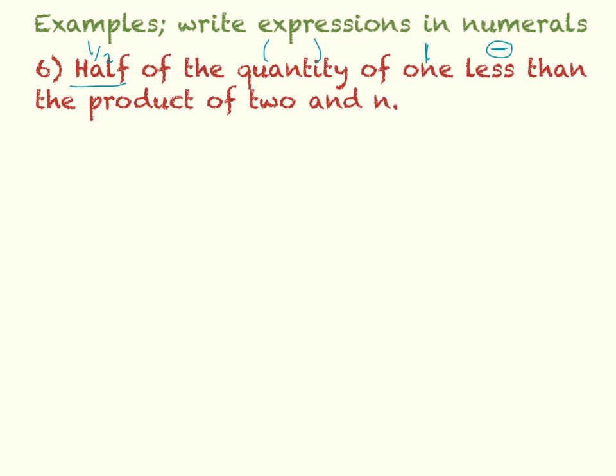What are you taking it away from? The product, which is multiply, of 2 and n, which is just a variable. So if I put that together, 1/2 of the quantity, 1 less, so minus 1, the product of 2 times n.